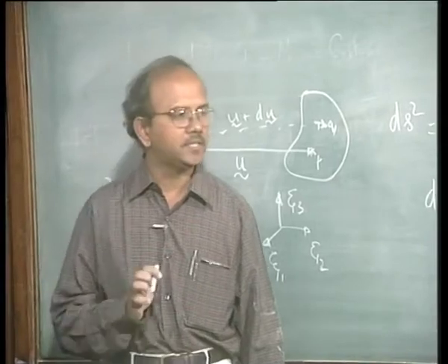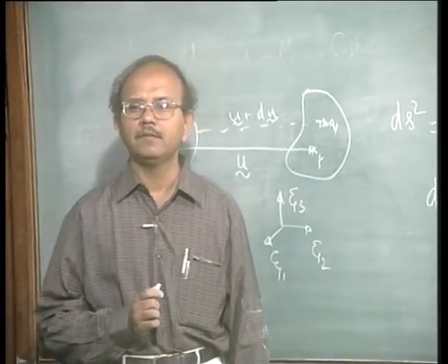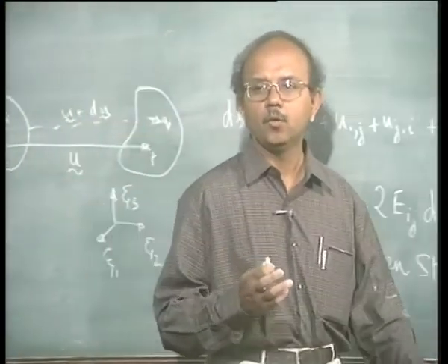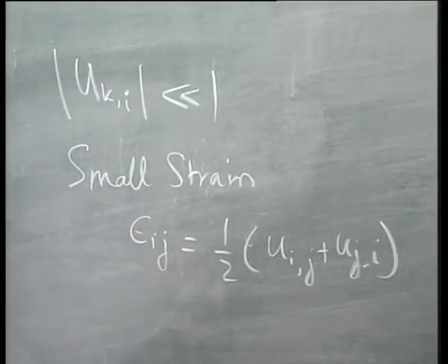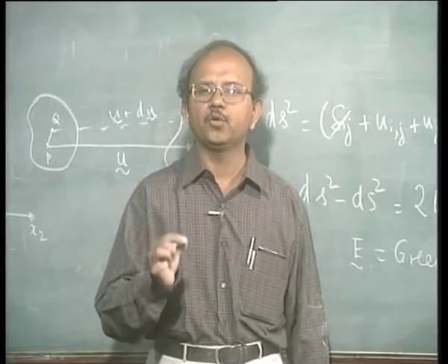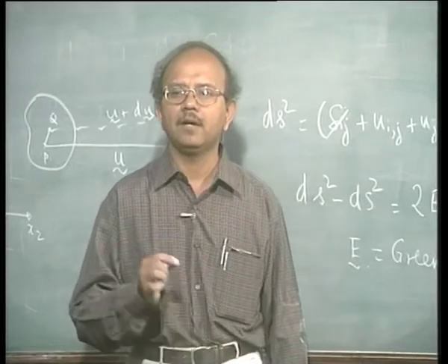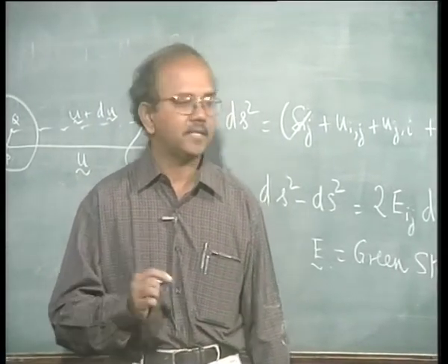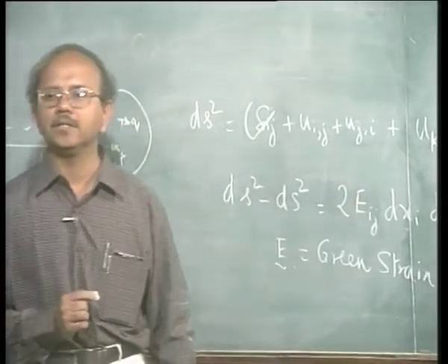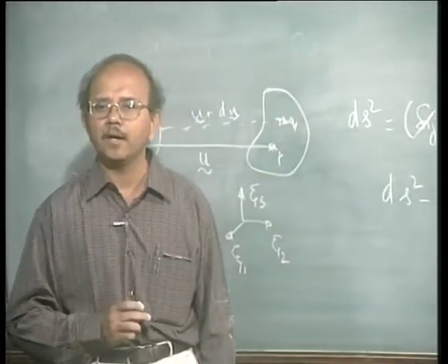Is this symmetric? So, this is a tensor. Why is it that I have written half? One of the questions which students ask is, why do they suddenly come and give a half there? We will come to that in a minute, because if you want to give tensorial properties to epsilon, then epsilon ij has to be defined as half ui comma j plus uj comma i.